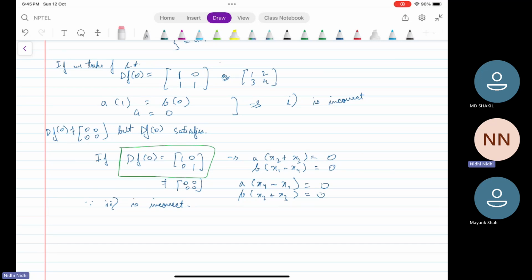Using this DF0, you can find T. DF0 is non-zero, so T is also non-zero. These two are just the identity map, so eventually this will make T of z equal to z. So using this DF0, you can find T. This T is a non-zero map, but still it is linear. They said that it can be linear only if it is the zero map. So therefore, the second option is incorrect.